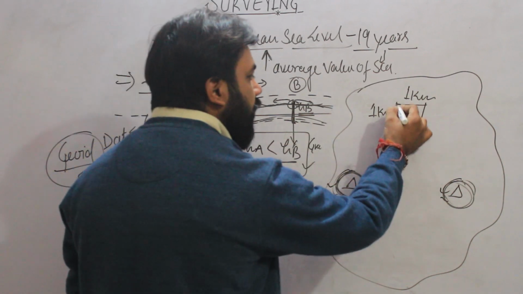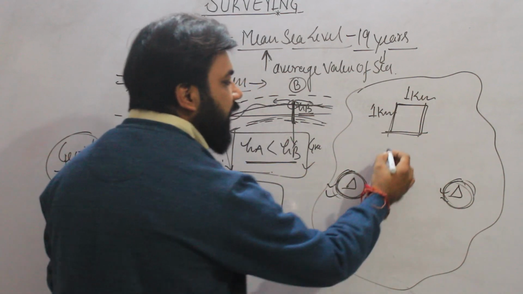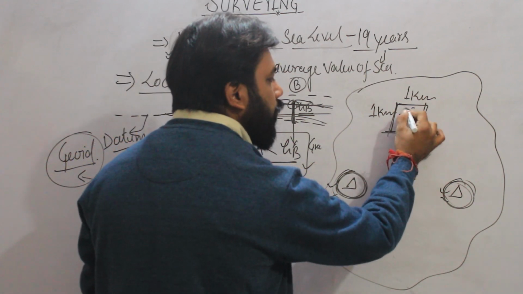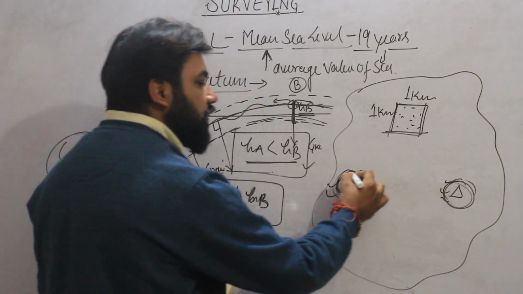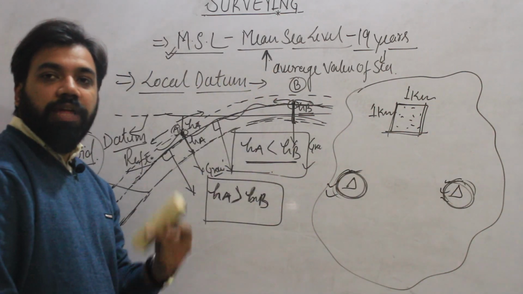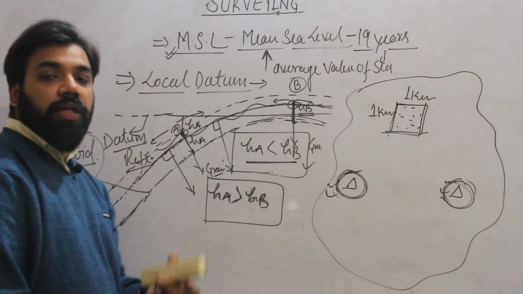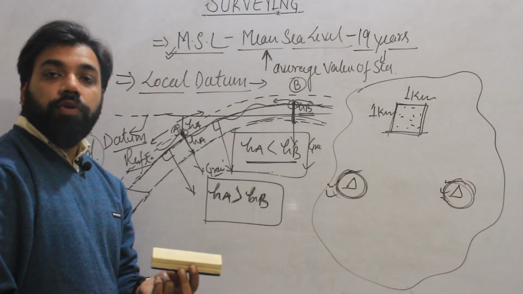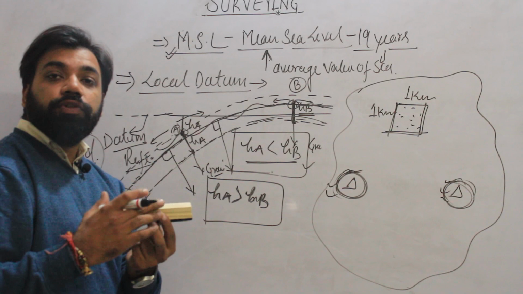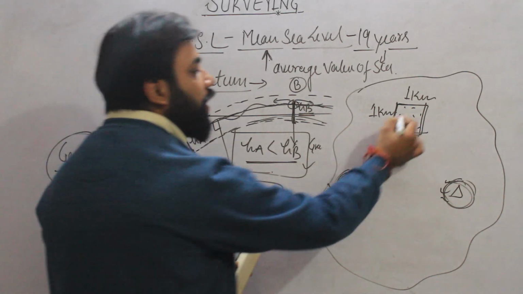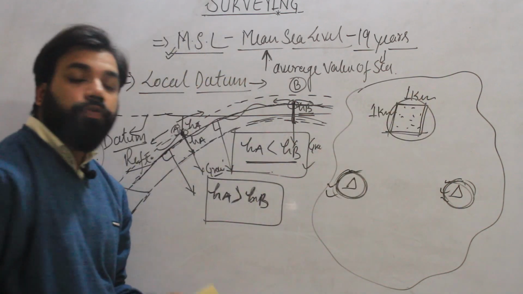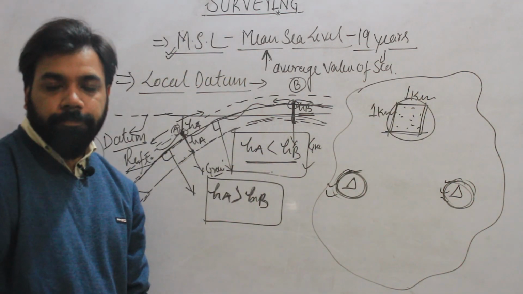Okay, so if we establish any reference line in a particular area, taking reference to these points, that datum is termed as local datum. Local datum means we have established it for a short duration or for only a small area of survey.